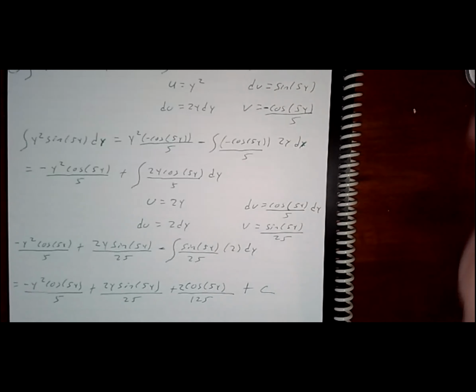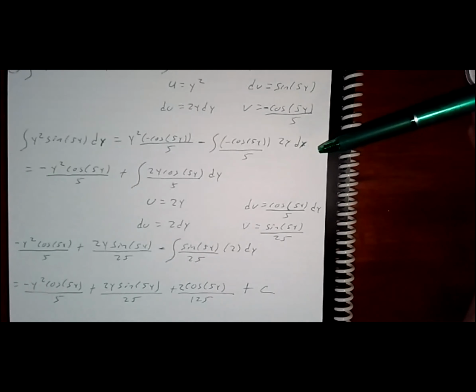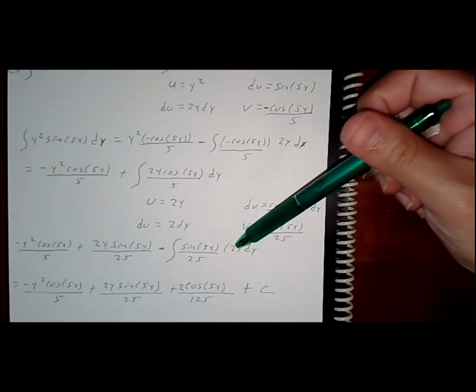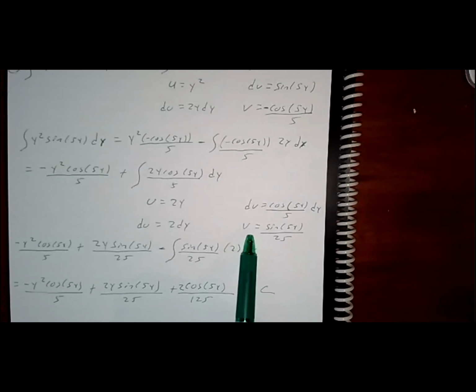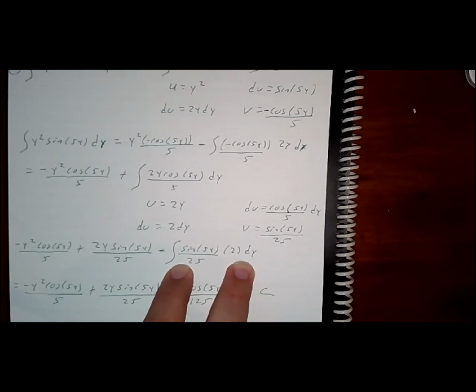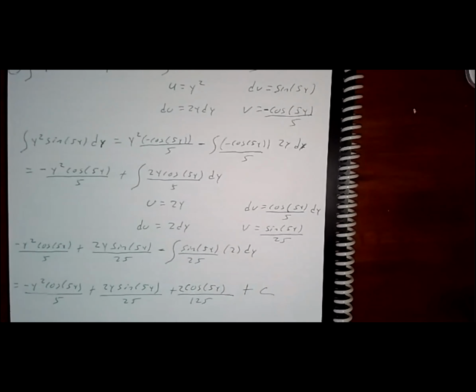That came from the formula, because it's v du, right? So it's 2 dy. So all I'm doing is following the formula, and then the formula forces me to do an integral again, which sometimes is another by parts.